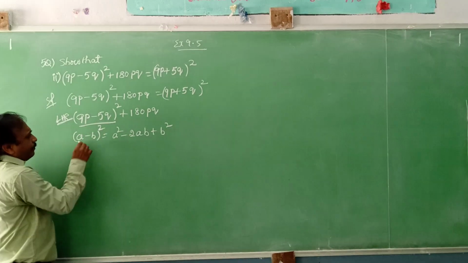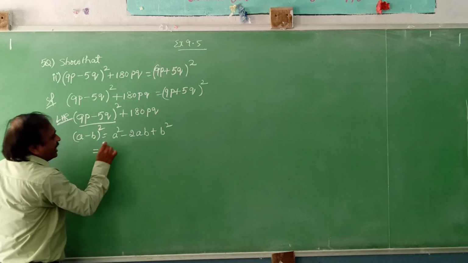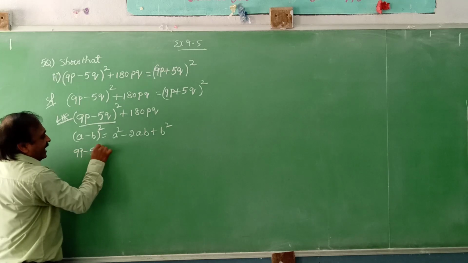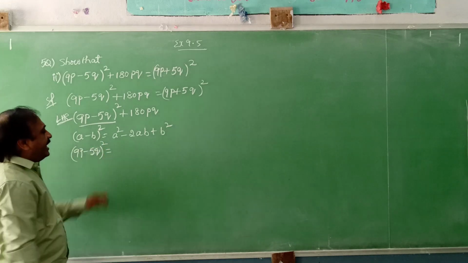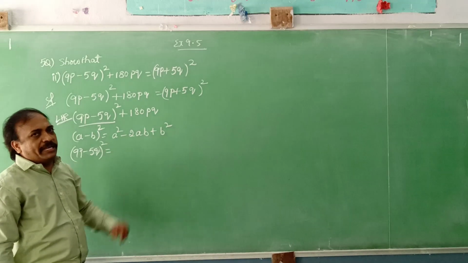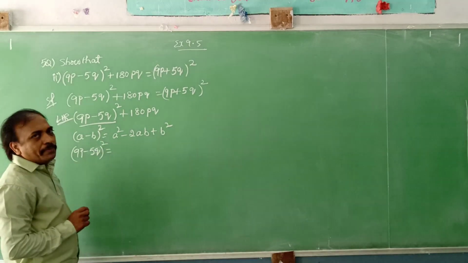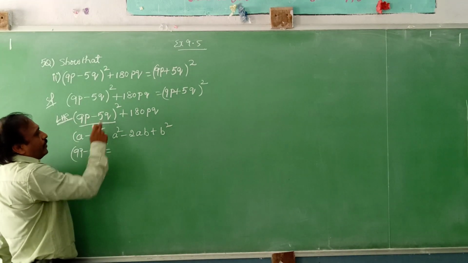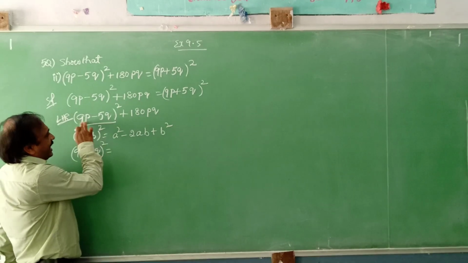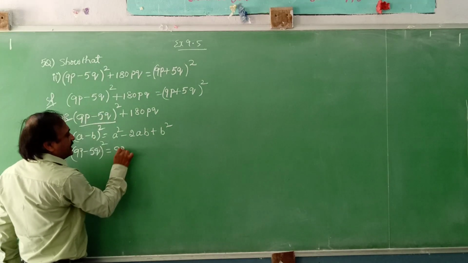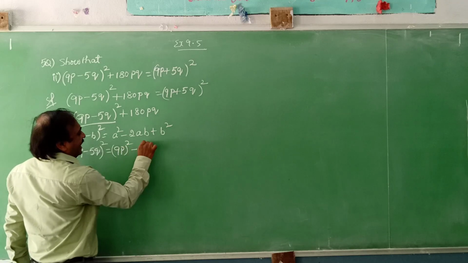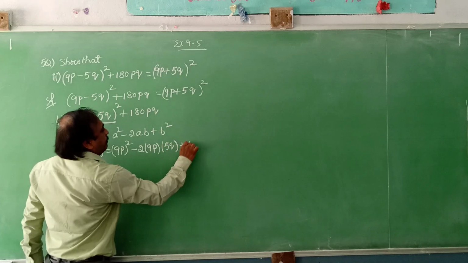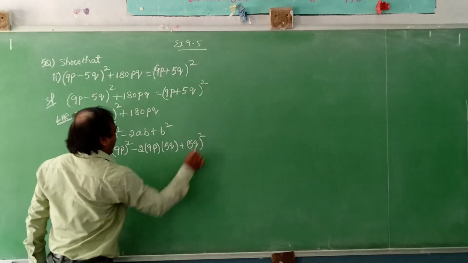Observe it. (9p minus 5q) whole square is equal to a square minus 2ab plus b square. What is the a value? 9p. What is the b value? 5q. So it is (9p) square minus 2 into 9p into 5q plus (5q) square.